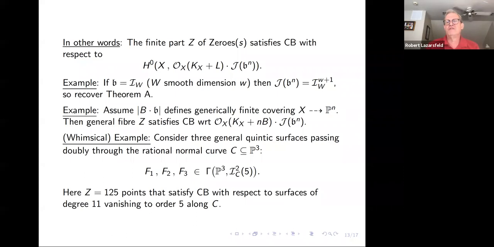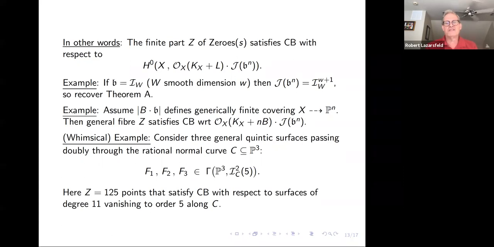And people have used the fact that the general fiber satisfies Cayley-Bacharach with respect to the canonical bundle. But the Cayley-Bacharach theorem for multiplier ideals gives a stronger statement than that it satisfies Cayley-Bacharach with respect to this. And this is a bigger linear series than the canonical bundle.